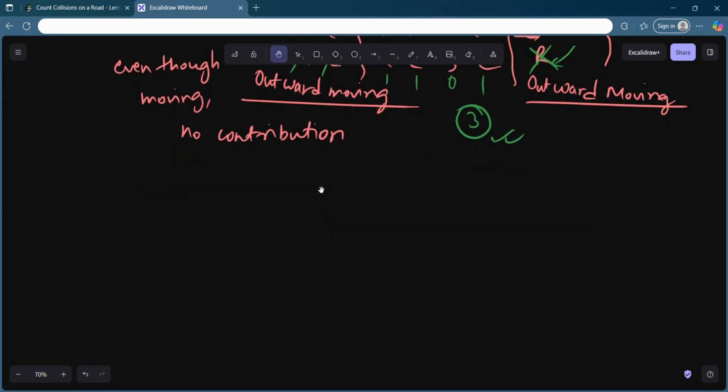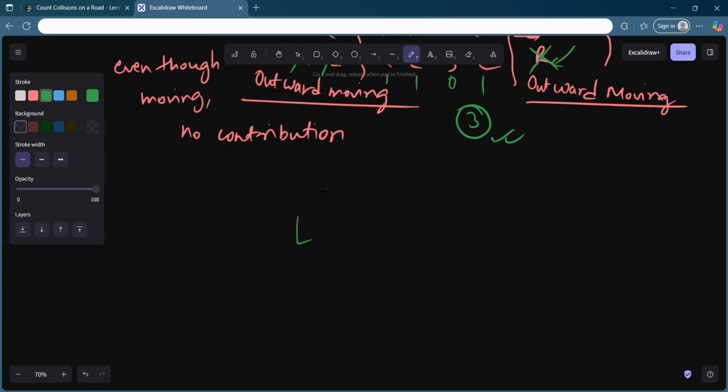Let's say the pointers are something like this. Let's say this is L, L, L, and there is a stationary, there is another L, R, R, R. So the left pointer will stop at this position, and the right pointer will stop at this position, right?